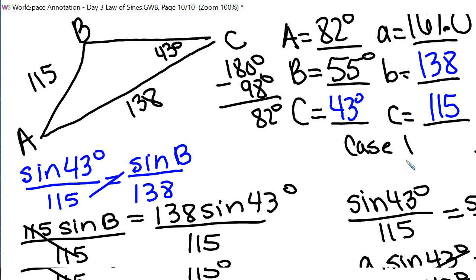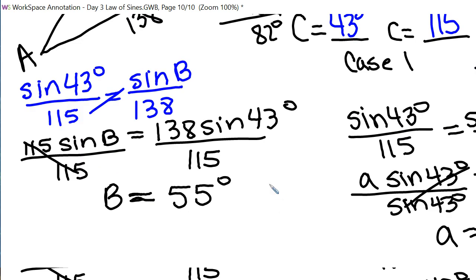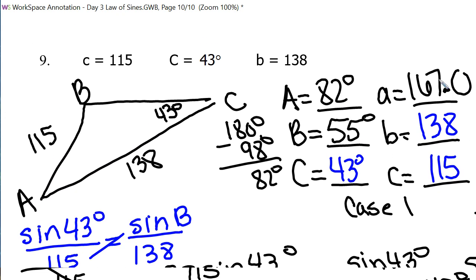Okay, so we need to change 82 degrees to 12 degrees. So for the other side A, that would be 115 times the sine of 12 degrees divided by sine of 43 degrees. And what is that? 35.1. And we are finished.